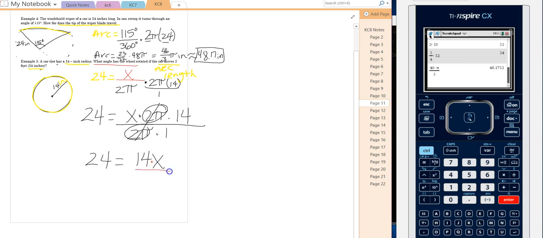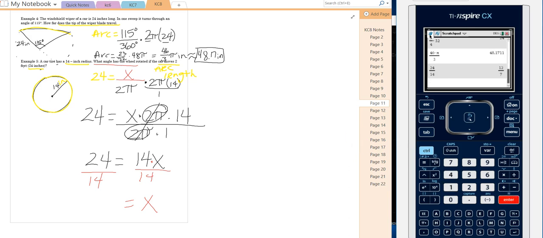This is getting multiplied. The opposite of multiplying is dividing. So I'm going to divide by 14 on both sides. This is going to give me x equaling 24 over 14. If you want to simplify that, 24 divided by 14 is going to give you 12 over 7.